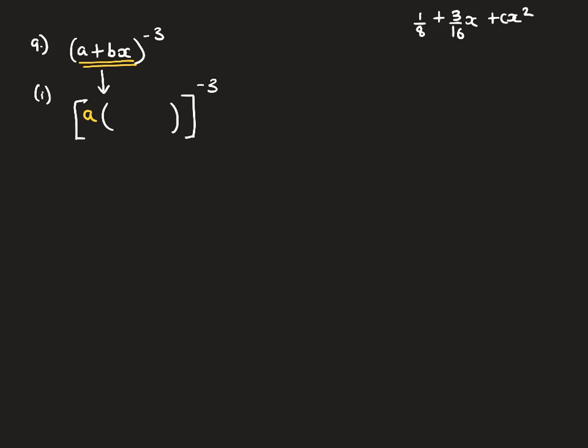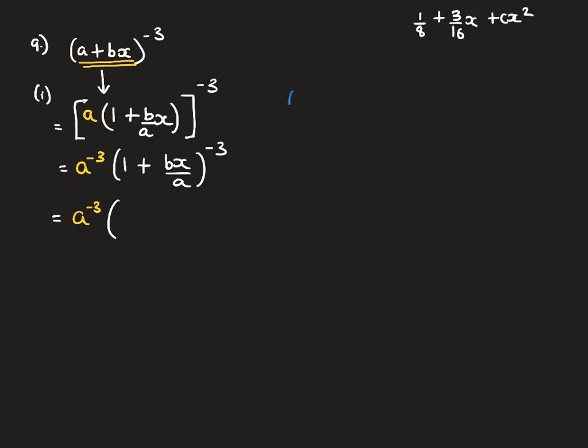Now this leaves me with 1 plus B over A x here. And we're then going to raise everything to the power of -3. So I have a to the -3, 1 plus bx over a, all to the power of -3. Now, let's leave a to the -3 alone, and let's expand this part here, 1 plus bx over a to the -3.